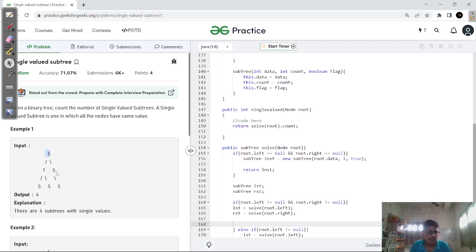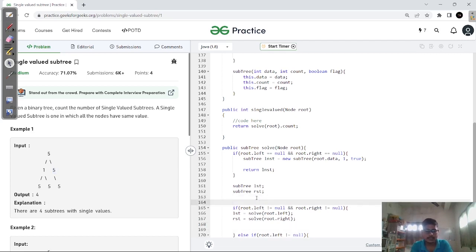So I am going to create my tree object here, which I will return at last as my result. The function actually takes node values and returns subtree objects.